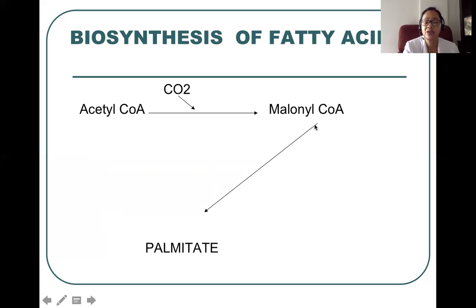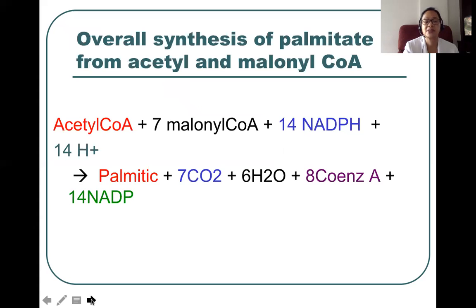It is the formation of malonyl coenzyme A. And what is the end product? It is the formation of your palmitic acid. And what is the important enzyme in the fatty acid synthesis? It is your acetyl-CoA carboxylase. Just remembering the slide, you will be able to get 4 correct answers.